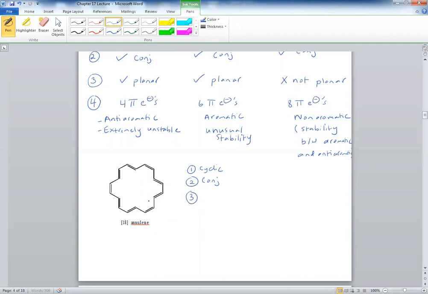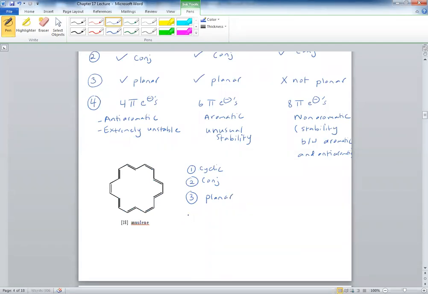Is it planar? Well, every single pi bond here gives the structure a trigonal planar geometry. So I'm going to tell you that, yes, this turns out to be planar.